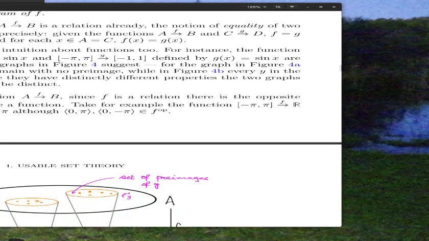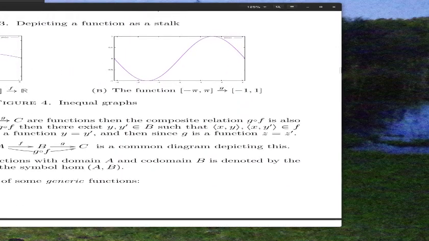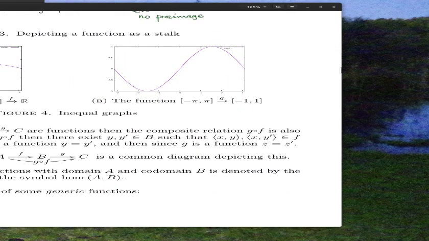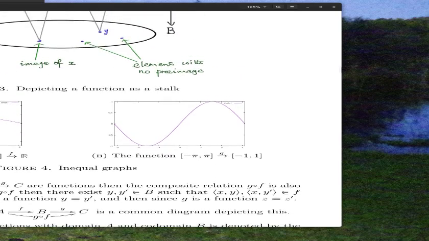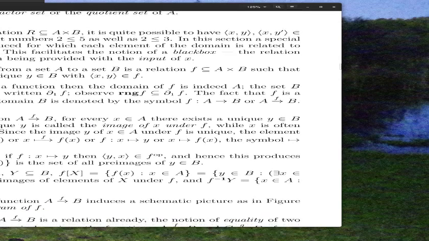Do you have any questions up to, say, remark 5.8? No.